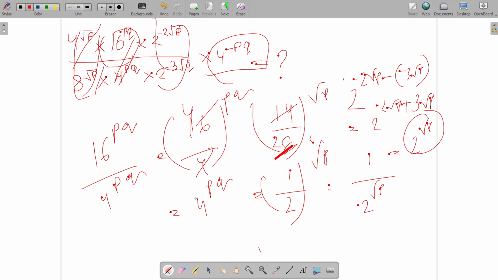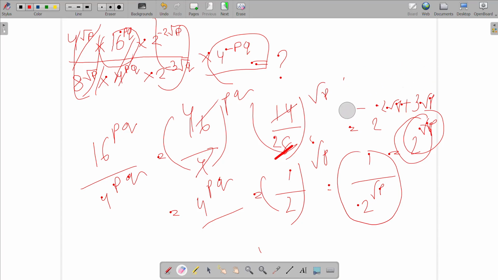So we get 4 to the power p cube, and we get this, and this is 2 to the power root p. I'll erase the things we don't need right now. What we get is 4 to the power p cube, which is above.